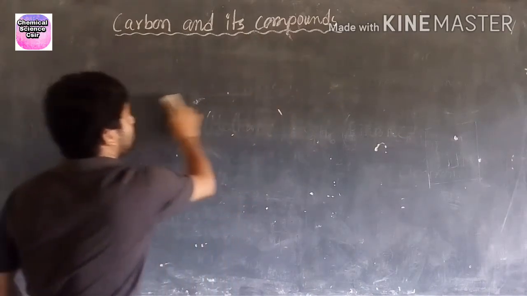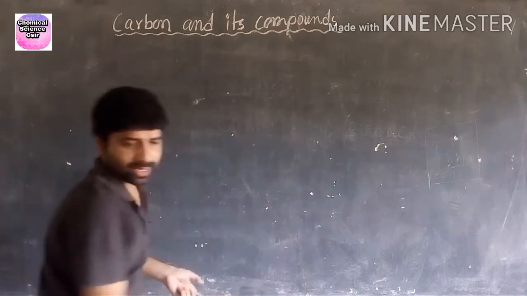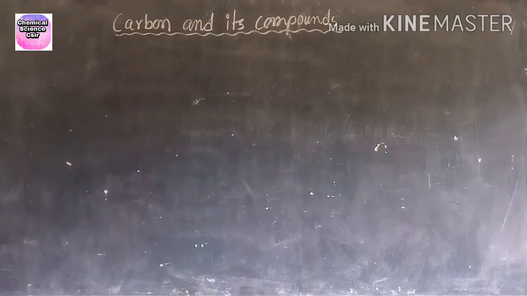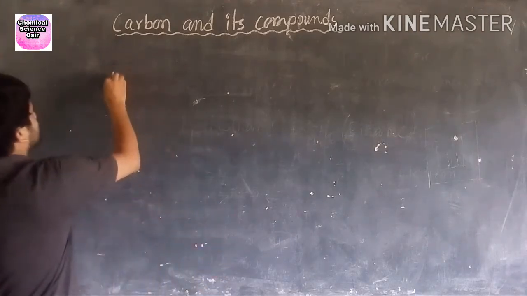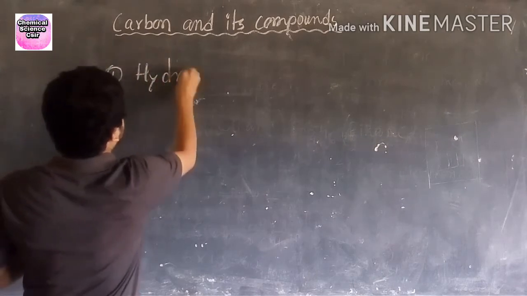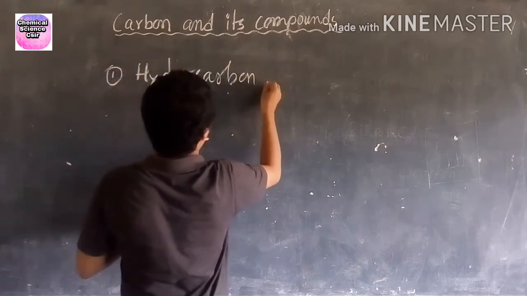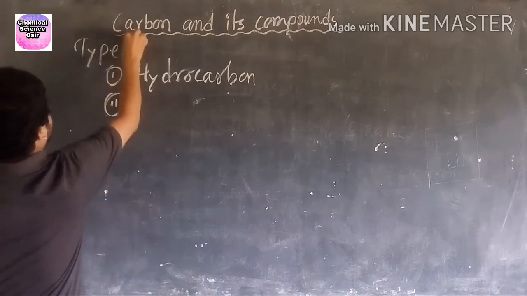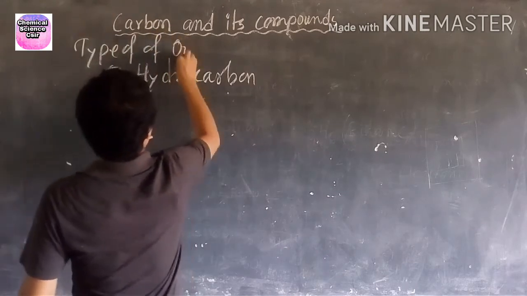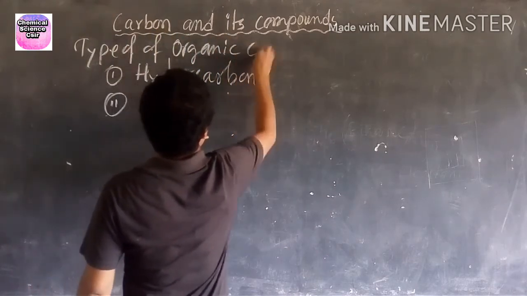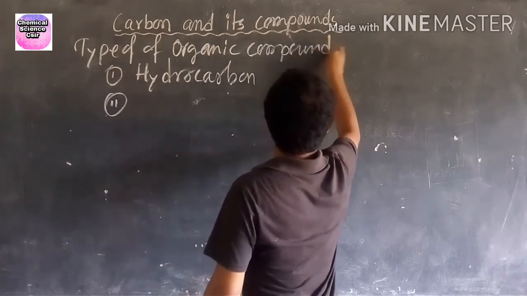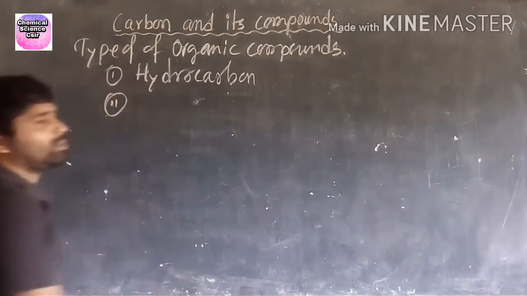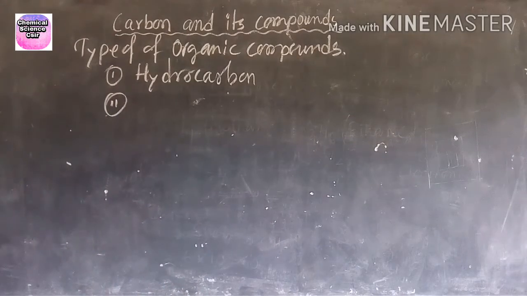Actually, organic compounds, types of organic compounds. There are many types. See, first is hydrocarbon. Second is haloalkanes. Third, alcohols.